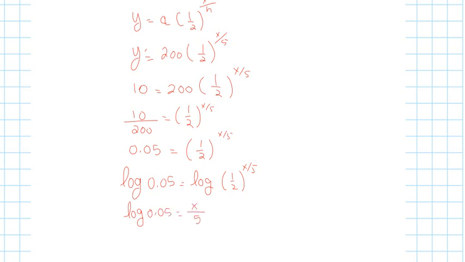Half is 0.5. Okay, then bring the log over, so divide by log 0.5. This is 0.05.